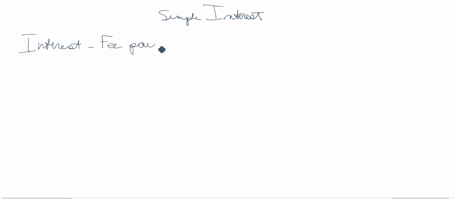So now let's talk about simple interest. When I talk about interest, what I'm talking about is a fee that's paid for using money.